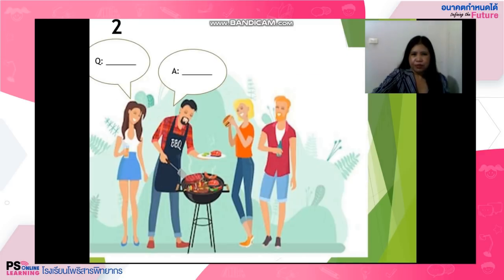Number 2. Okay. Number 2, they are not in the kitchen. They are outside the house. And they are doing that. There are 4 people, but only 2 people are talking. Okay. The lady is asking the question and the one cooking is going to answer.